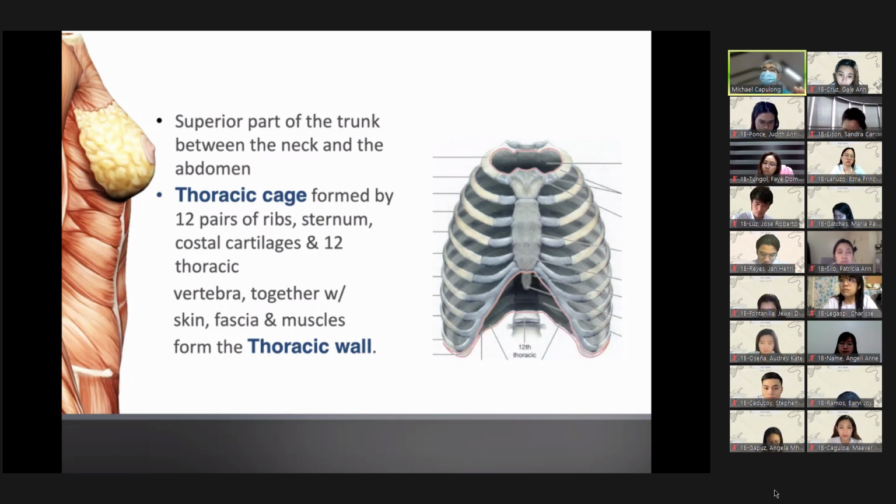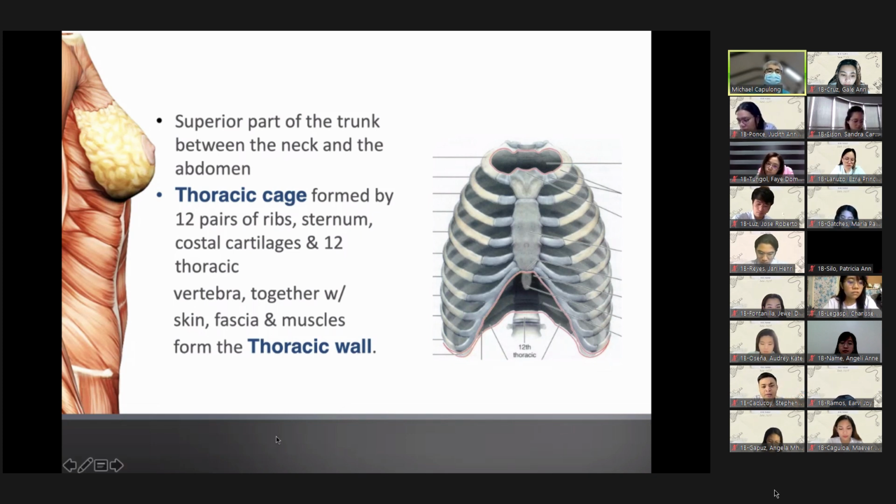And that modification will characterize your ribs into your common ribs and your irregular ribs. So atypical and typical ribs, I should say. Well, of course, this will be covered by your skin, a very thin layer of skin. You have your subcutaneous tissue or your fat layer and your fascia.